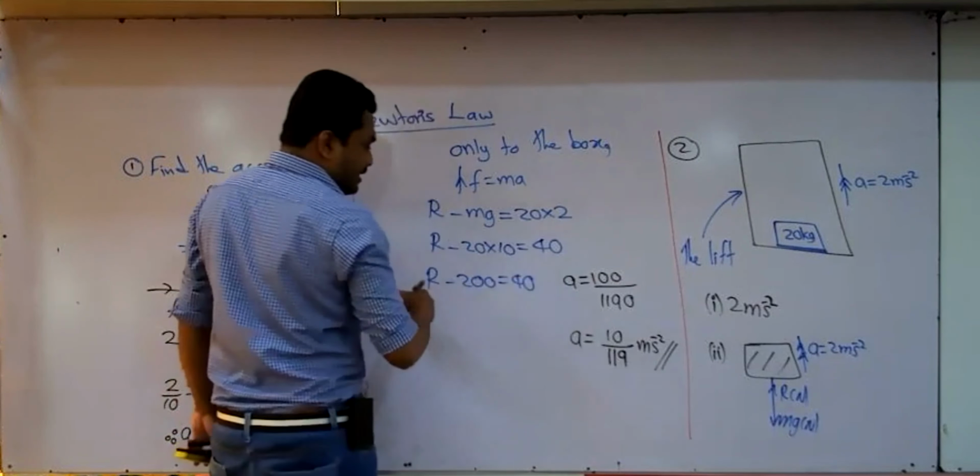Therefore, R force is given by the lift. Am I right here? So every action has equal and opposite reaction. Whose law is that? Newton's third law of motion. When the lift gives a force of R Newton to the box, the box should give equal and opposite force of R to the lift. Okay, dear?